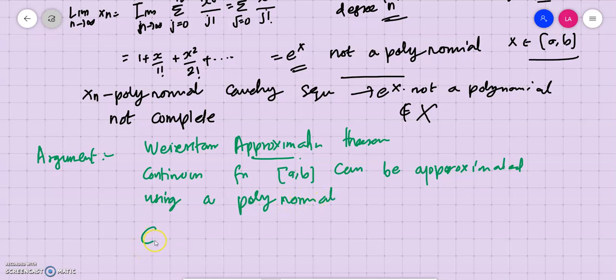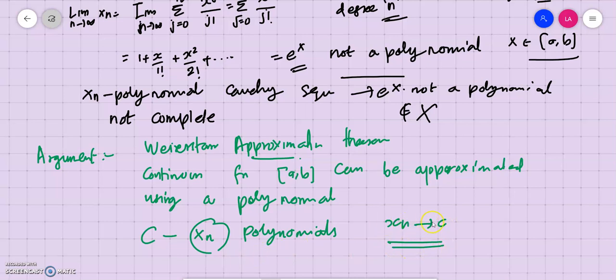So if we take a continuous function C, you always get a sequence x_n of polynomials such that this sequence x_n approaches C. This is true for every continuous function C defined on the closed interval [a, b]. This is the Weierstrass approximation theorem.